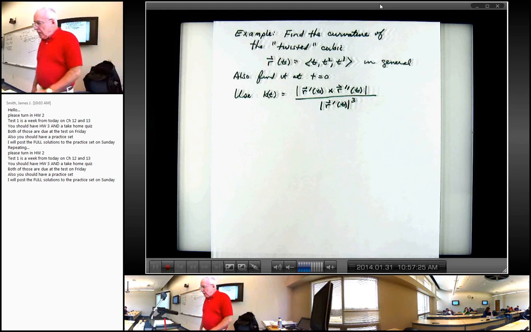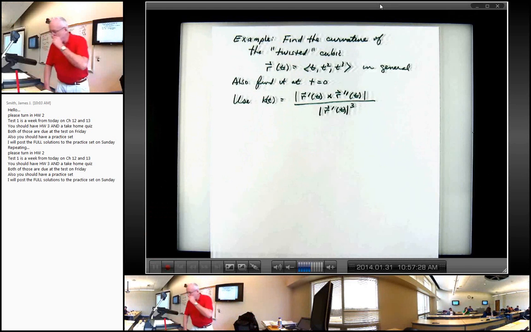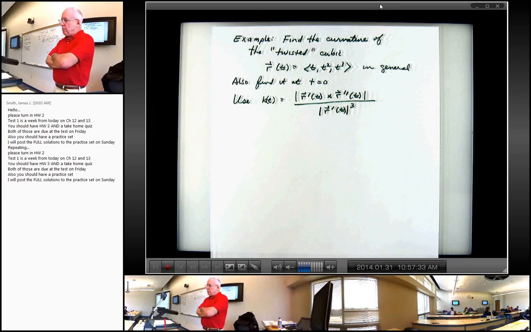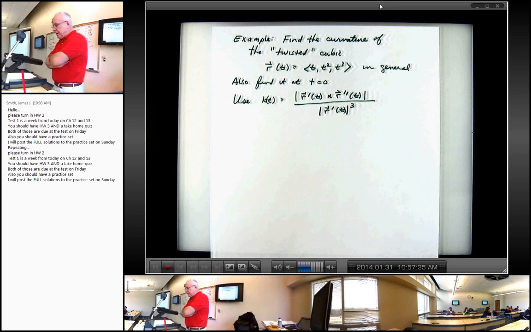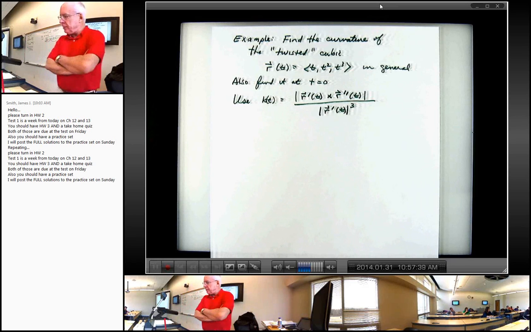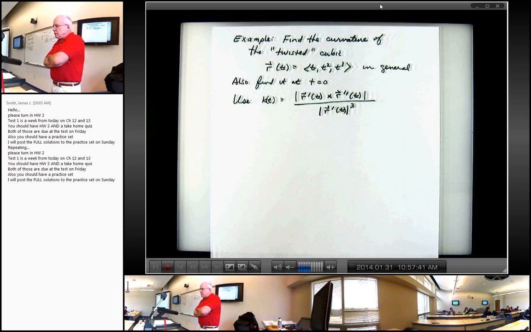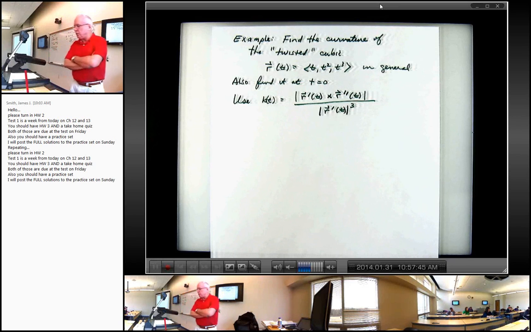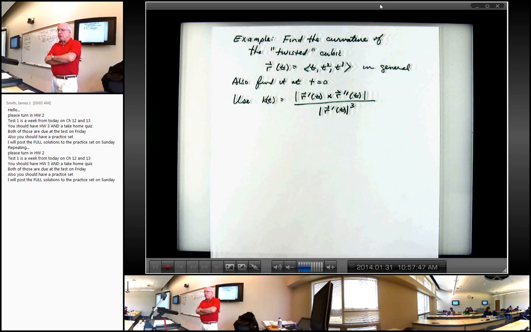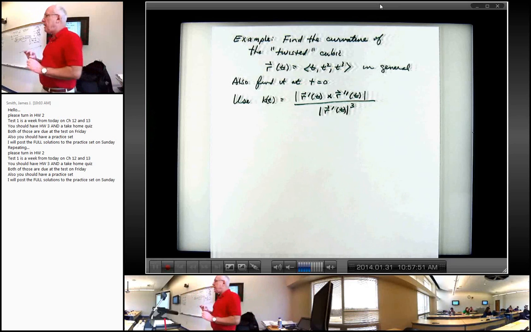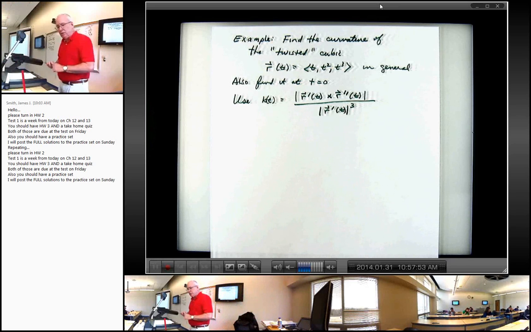Okay. So this example is this. We're wanting to find the curvature of that twisted cubic that I had shown you the graph of the other day. So it's a vector function where we have t, t squared, and t cubed as our three components. First, we want to find the curvature in general, and then we're going to find it at a specific value of t where t is equal to 0.